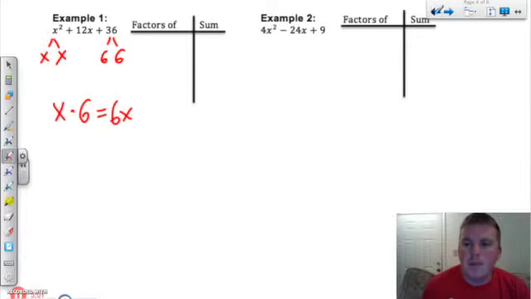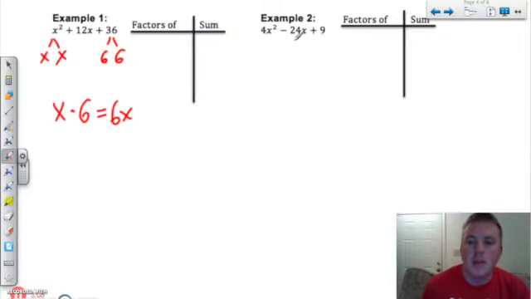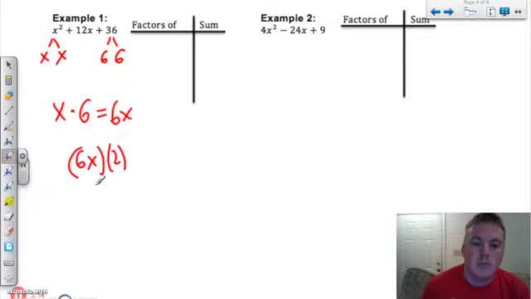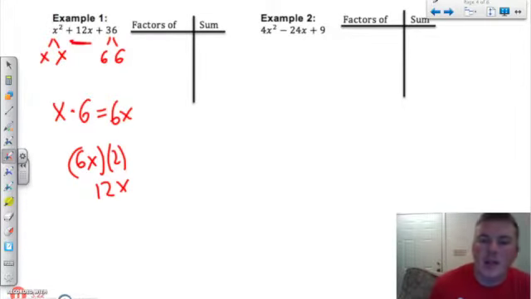Now remember, the middle term is 2 times one factor from the first term and the last term. So we've multiplied those together, and now we have to multiply that by 2. 6x times 2 is going to give us 12x, and we can see that that is actually what we have in the middle. So we can check off both requirements: this is a perfect square trinomial.